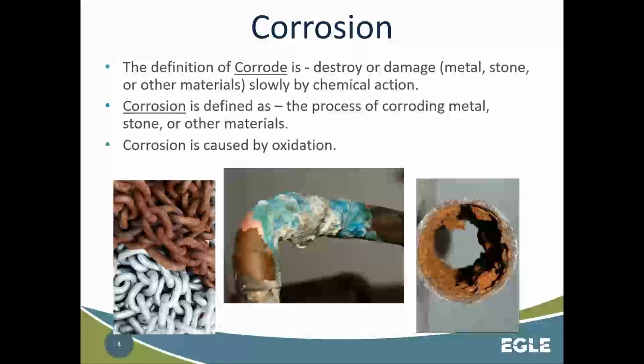Same concept: copper going through that corrosion process, that oxidation process. And then the one on the right is some form of metal or steel pipe that has what we'll talk about later, tuberculation. You're having some corrosion, some oxidation of that piping, and you're getting buildups of that material. So that's the background.